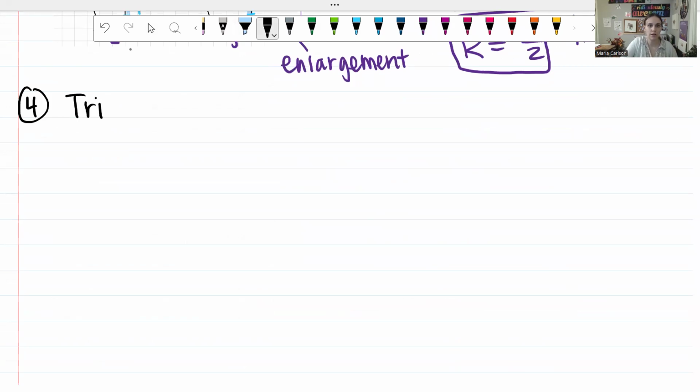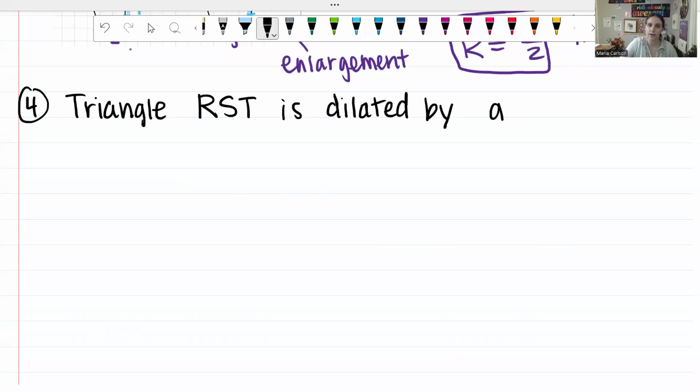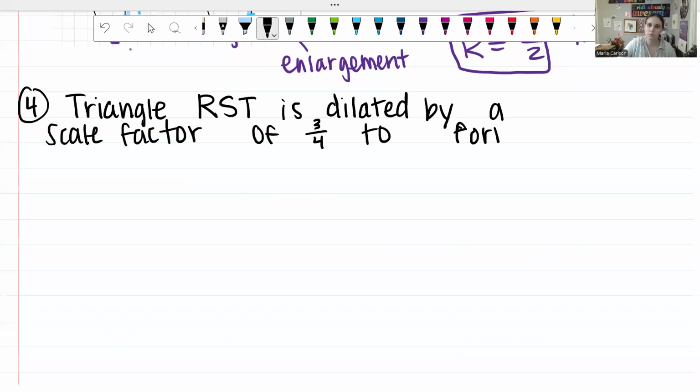Triangle RST is dilated by a scale factor of 3 over 4 to form triangle R prime, S prime, T prime.